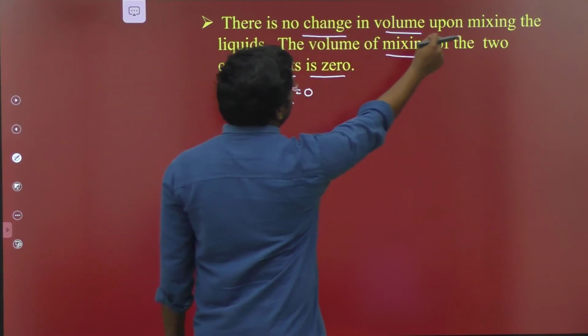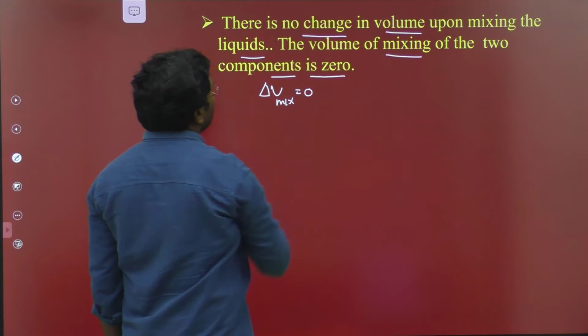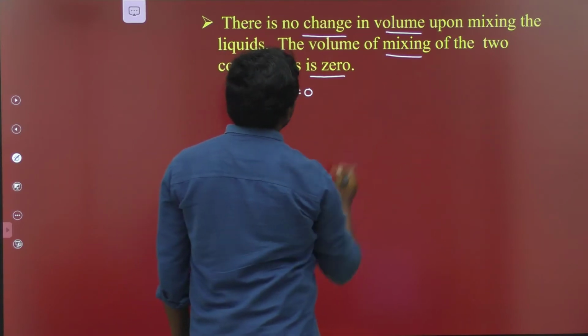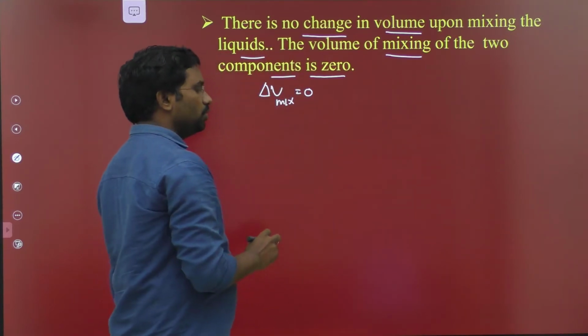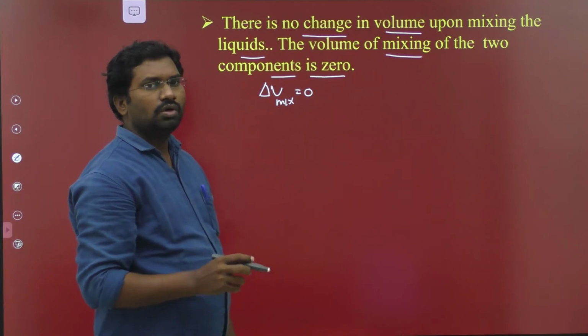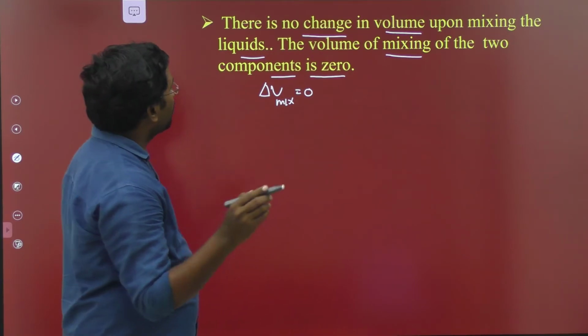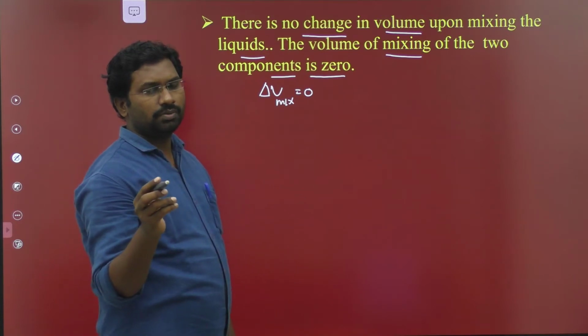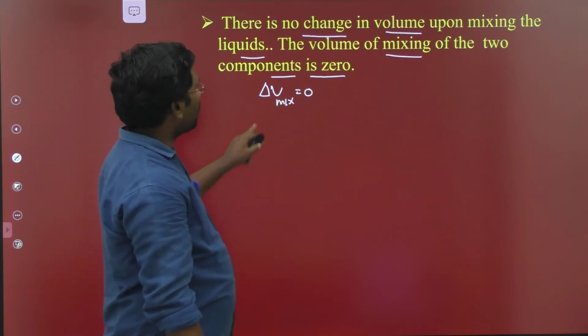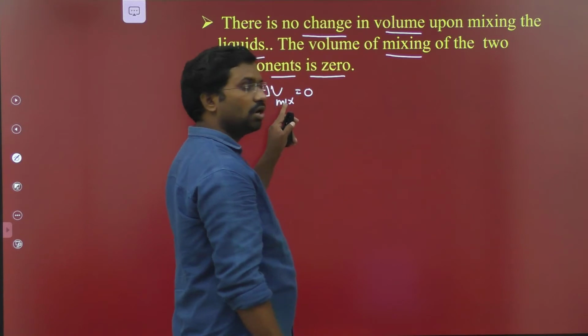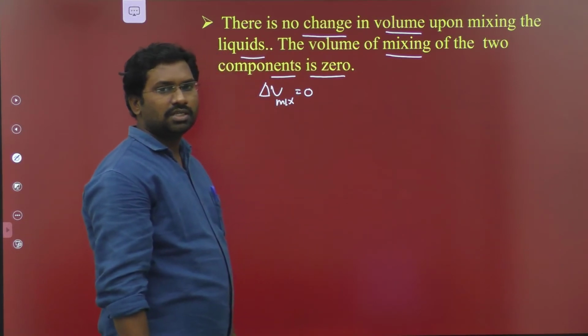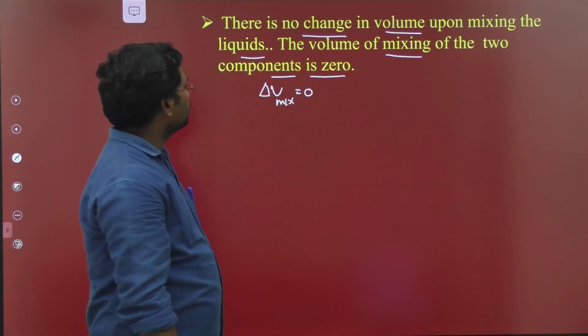There is no change in volume upon mixing the liquids. So for the condition of the ideal solution, delta V mix is equal to 0, that means the change in the volume of components forming a solution is equal to 0.